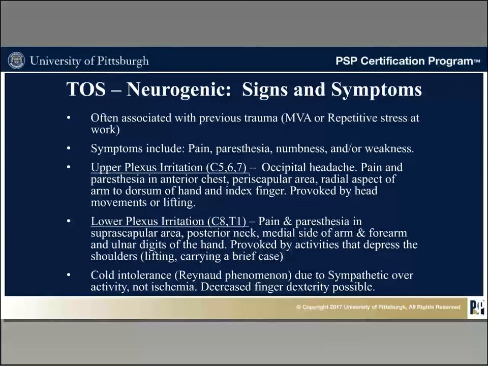The most common form of thoracic outlet syndrome is referred to as the neurogenic type of thoracic outlet. And this is oftentimes associated with trauma, potentially motor vehicle accidents, or with a lot of repetitive movements, again, overhead activities, a lot of repetitive movements and activities involving the upper extremities, especially on the dominant side.